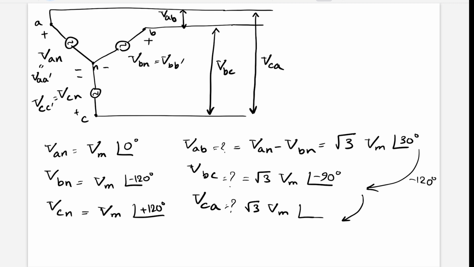If we go minus 120, it will be minus 210, or we can say 150 degrees, from this one to this one, plus 120 degrees. Okay.